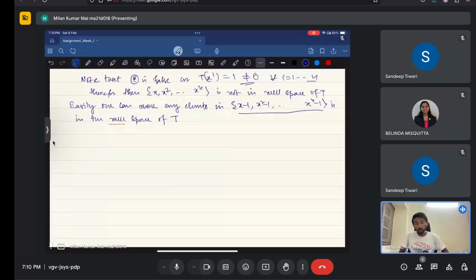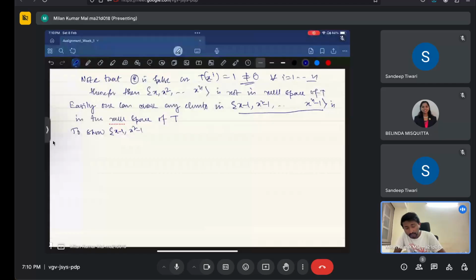But to show that this set x minus 1, x square minus 1, all the way to x^n minus 1 is a basis of the null space of T, we need to show that this set is linearly independent.